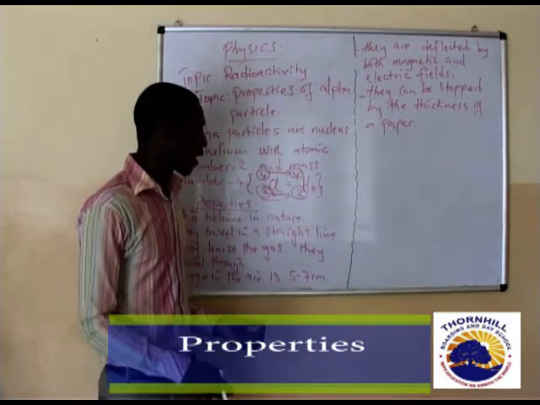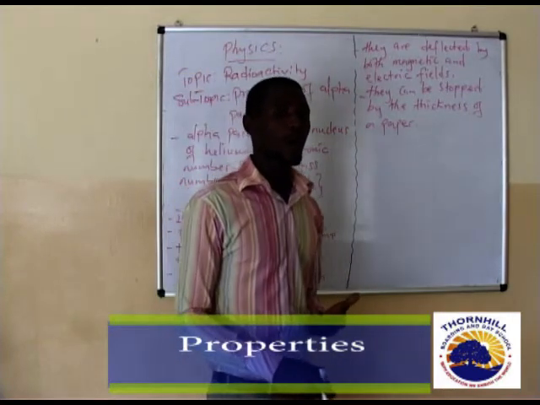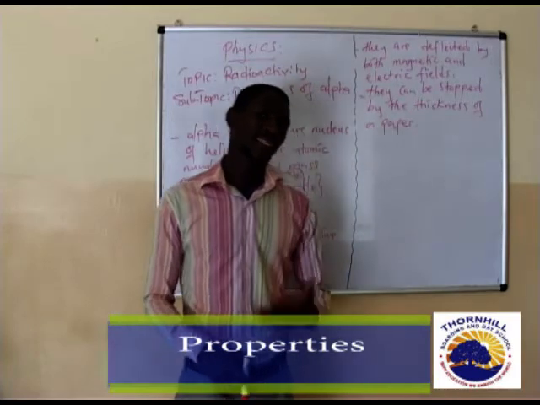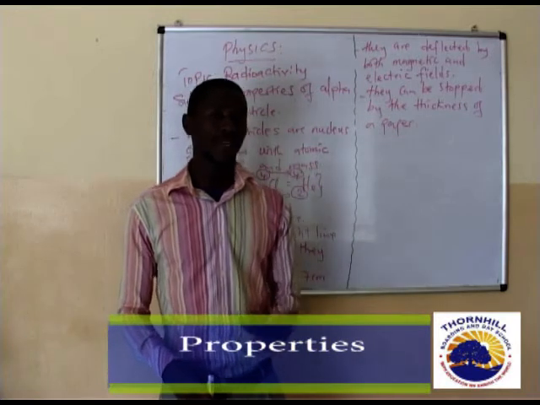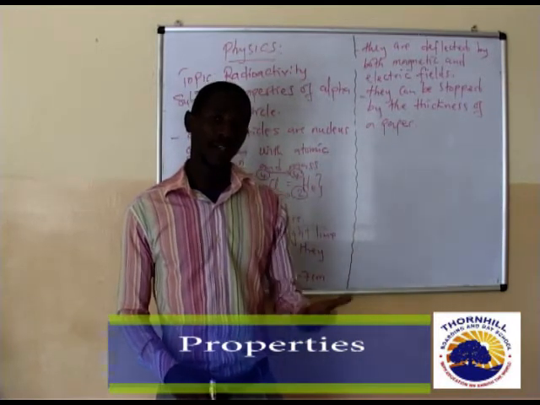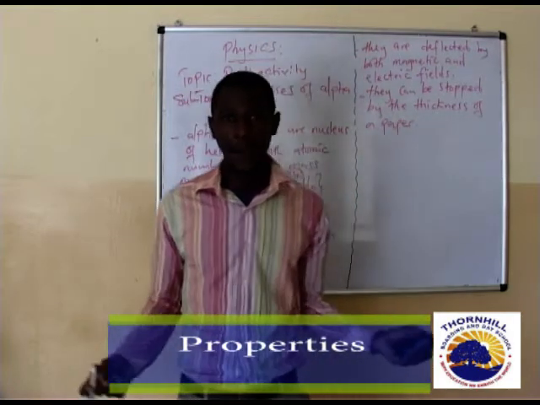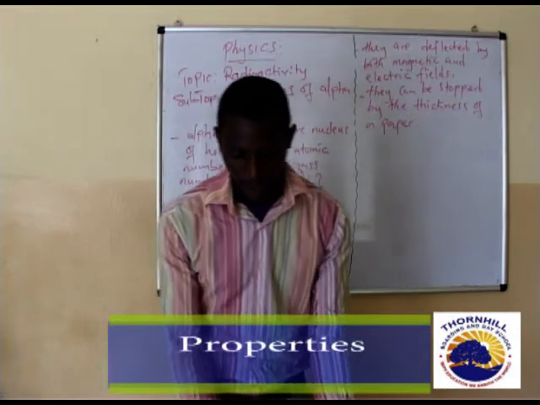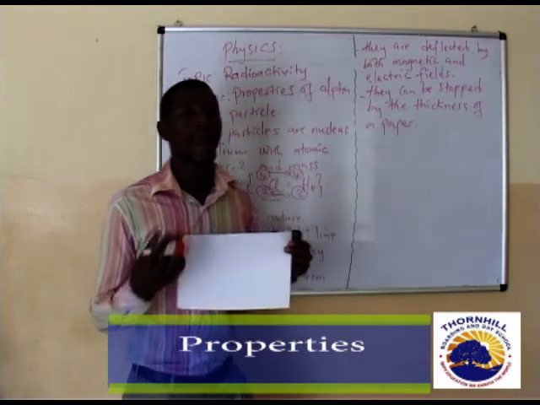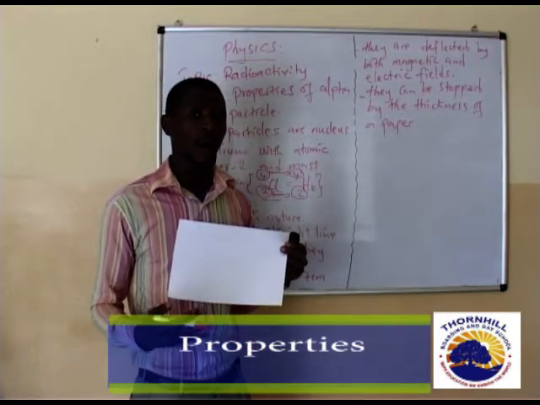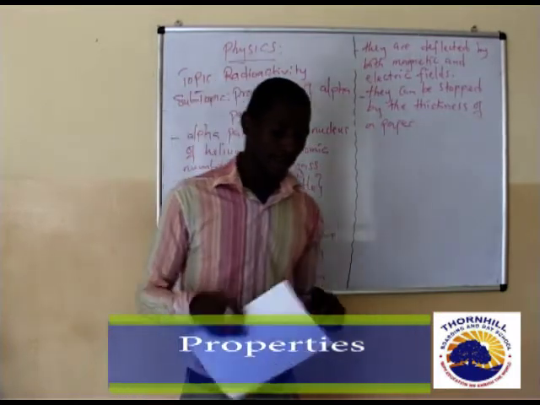Just a very small thickness will be able to stop the penetration of alpha particles, which tells us that when alpha particles are emitted or released by a radioactive material, they are expected to be stopped by a thickness of paper. This is enough to stop the penetration of an alpha particle because its penetration power is not strong enough to go through the thickness of the paper.